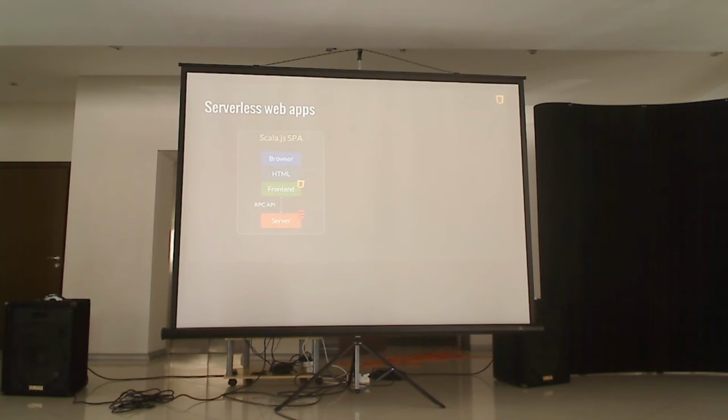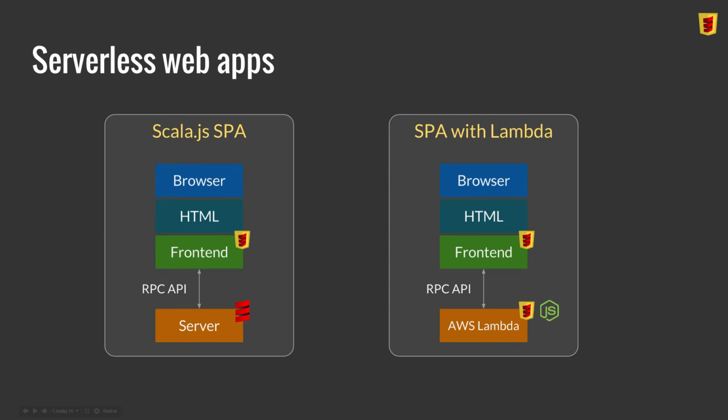One other thing that I wanted to address is that in some cases you just want to do something quite simple, and you don't want to host a server to do that, or if you're worried about scalability, you really need to build a complex scalable server. How about doing web apps without any kind of server? So instead of doing this front-end server division, you can move more and more functionality into the front end because it's in Scala.